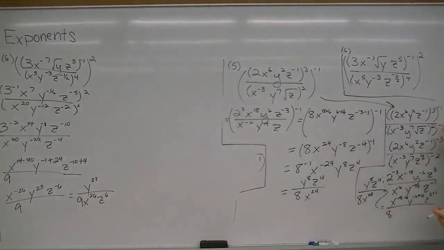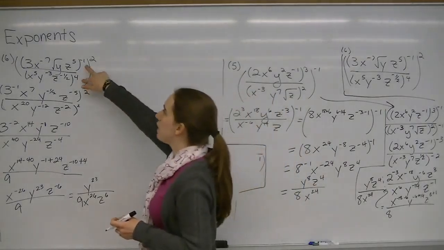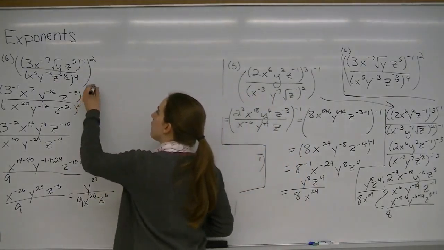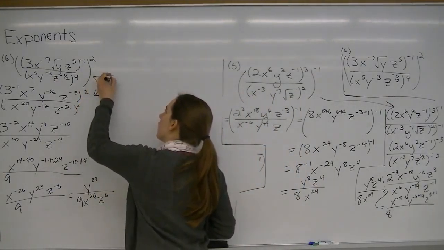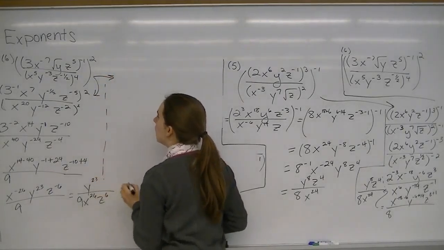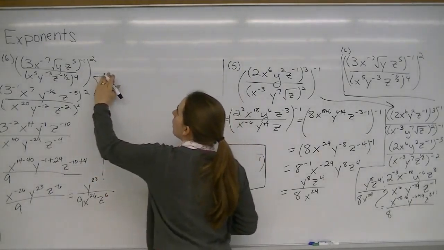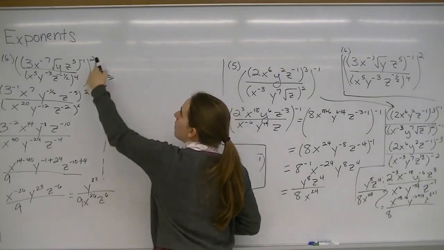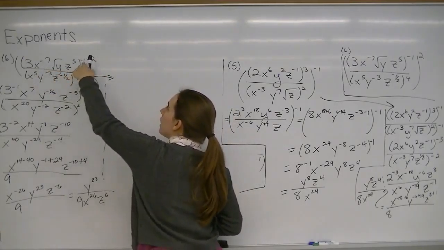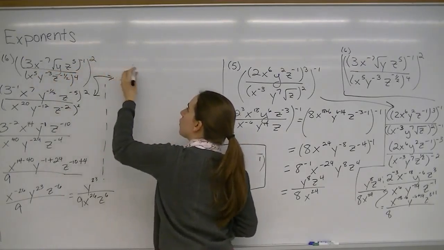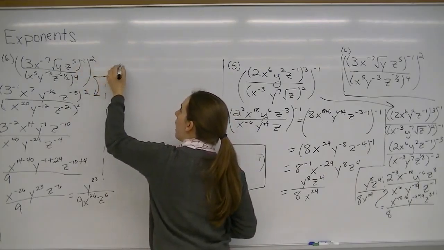Now, let's follow this convention. Let's actually square both of these exponents before we do anything else. So this is one way, this is another. So I'm going to take the whole numerator to the -1, then squared. So I can multiply these two powers.